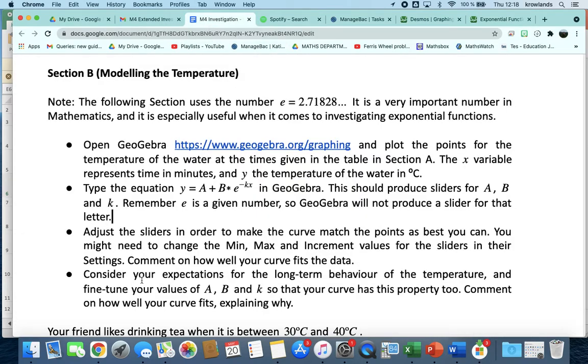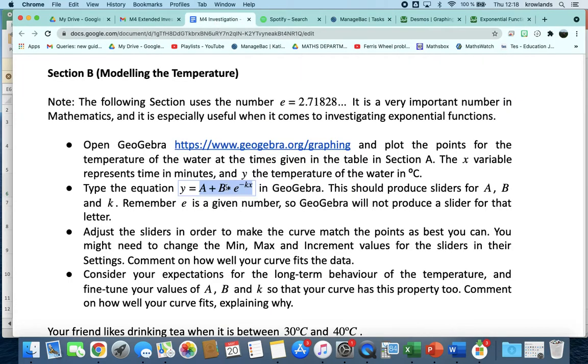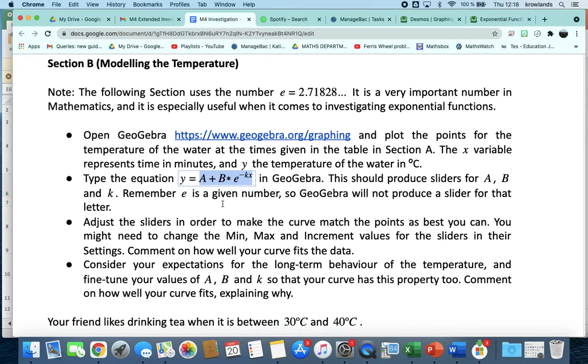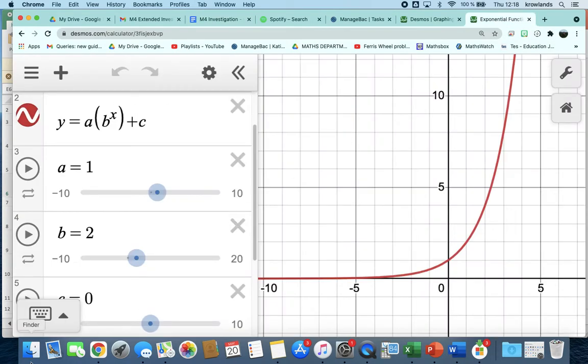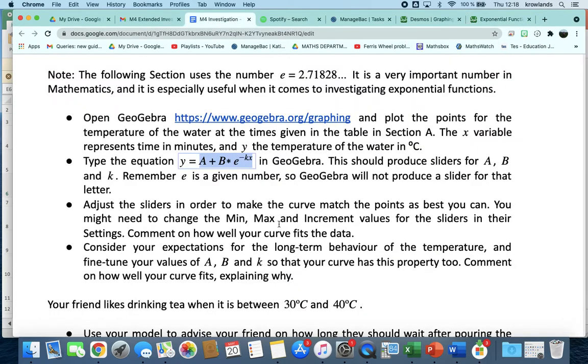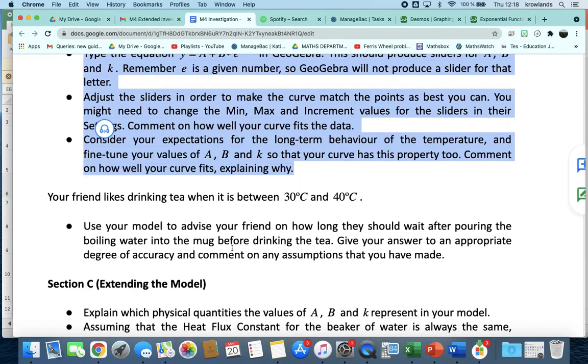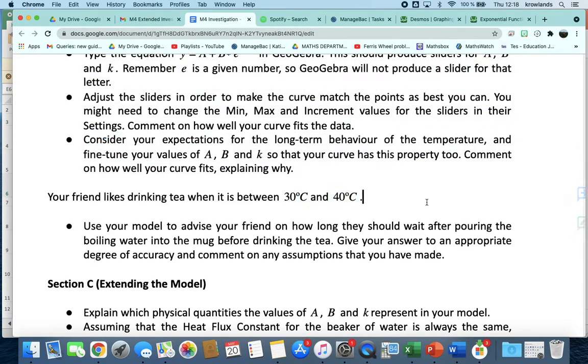Now, if you have a look at the investigation, it says A, B, E, K, and X. So let's change the letters a little bit to match up with this. That's the first thing you need to do. And then we're going to move these sliders to match our actual graph that we've added in before. This is really quite an easy part of the investigation, and then it says 30 degrees and 40 degrees.